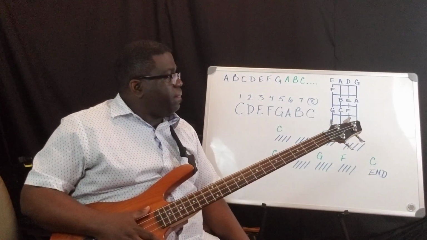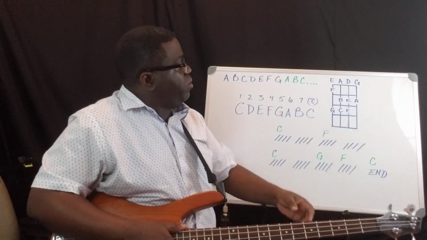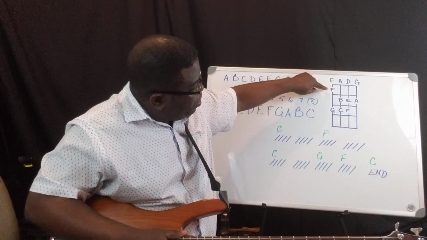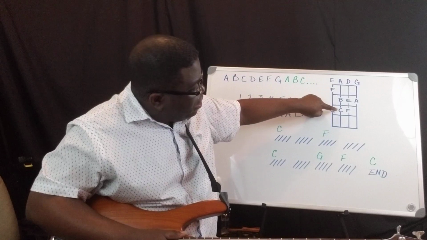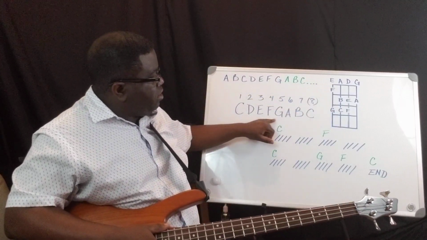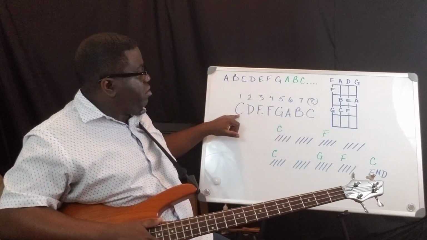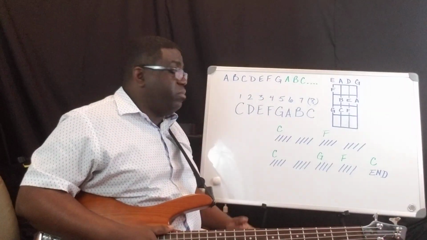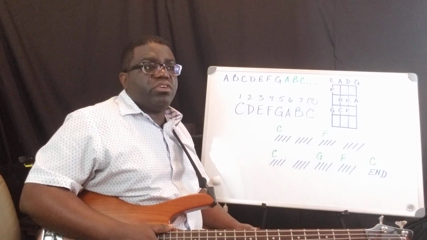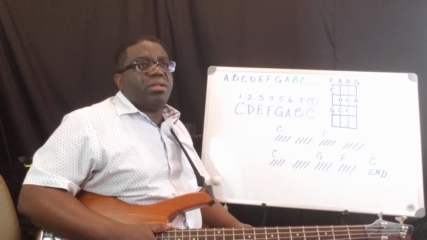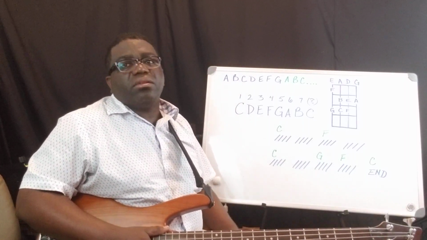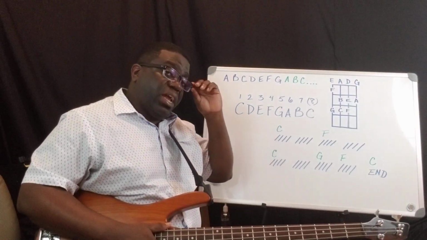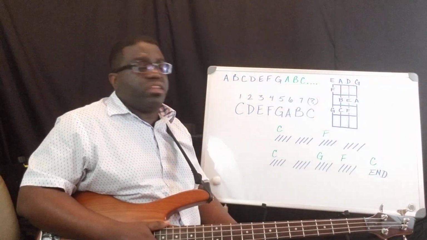Once you get that, one thing I'll show you real quick. I only played three notes out of this C major scale. All I did was C, F, and G, which are the most common notes that you'll be playing a lot of times when you're playing Western music.